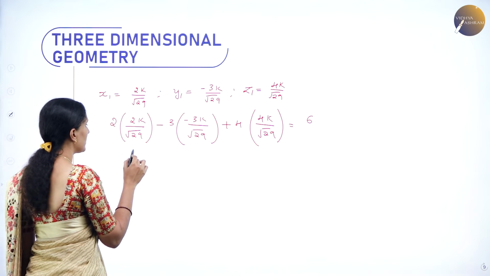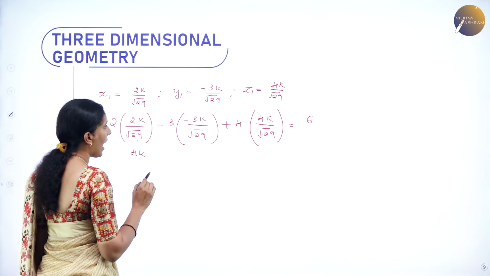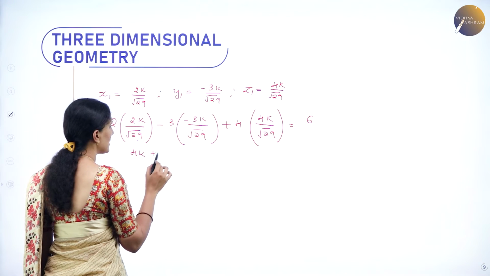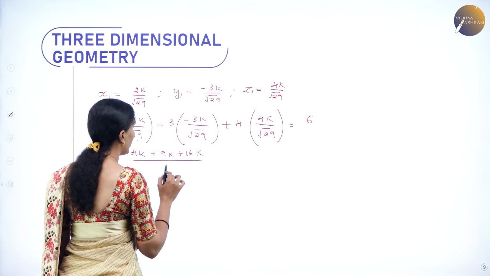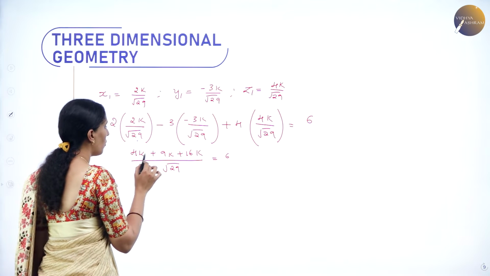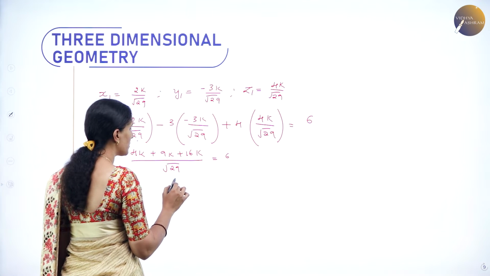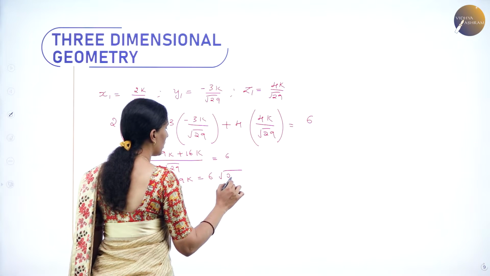Next we will multiply this. Since the denominator is the same, just add the numerators: 4k, minus into minus plus 9k, plus 16k, whole divided by root 29 is equal to 6. So 4 plus 9 plus 16 becomes 29k. 29k is equal to 6 root 29.